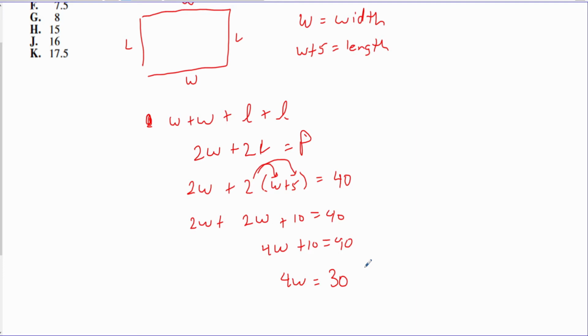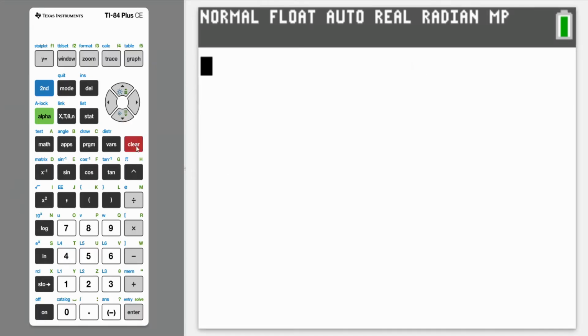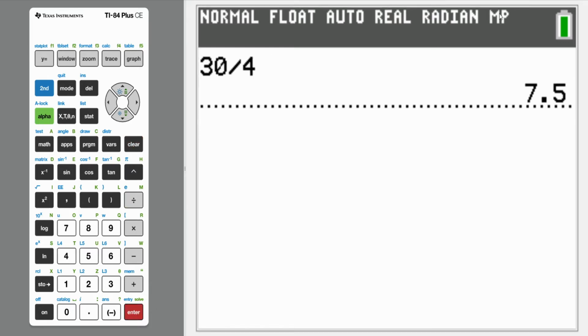Then I can go back to my calculator to do this because it is giving my answers as a decimal. There's no sense in doing the division yourself. So 30 divided by 4 is 7.5. So W, the width, is equal to 7.5.